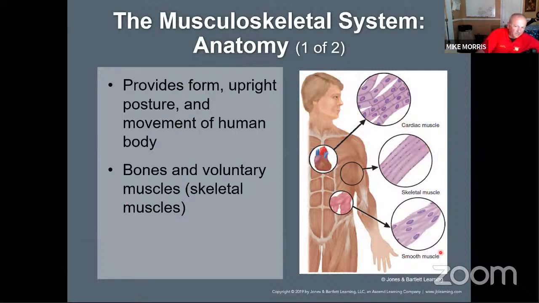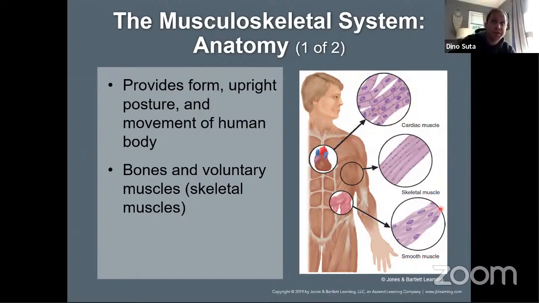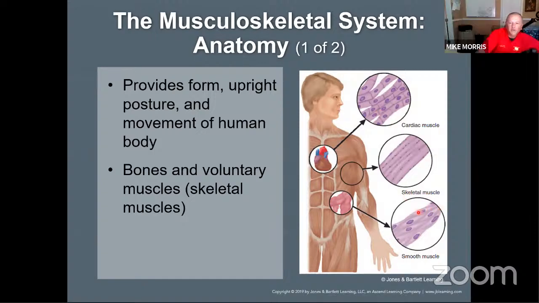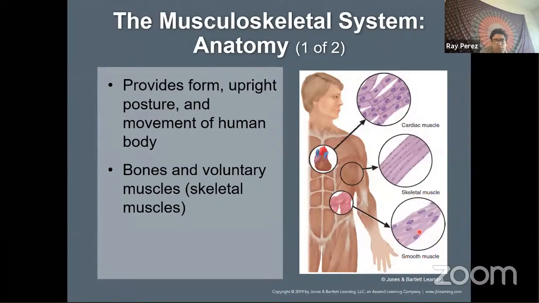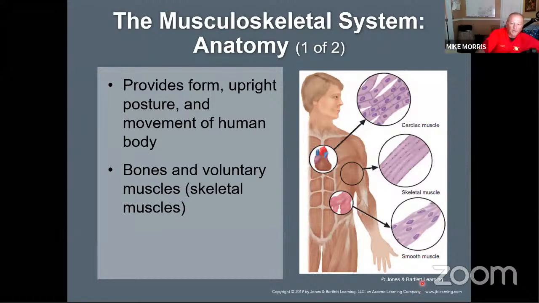Remember the three types of muscle. We studied that a lot. The cardiac muscle. And what is unique about cardiac muscle? Automaticity. Very good. Skeletal muscle, right? And then smooth muscle.